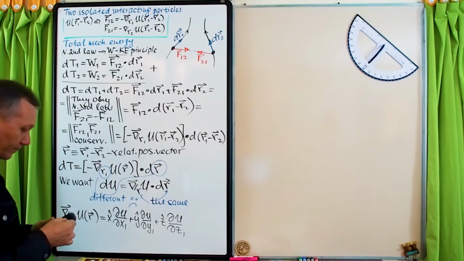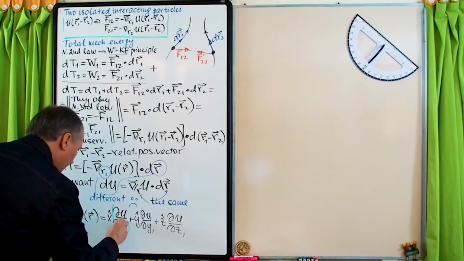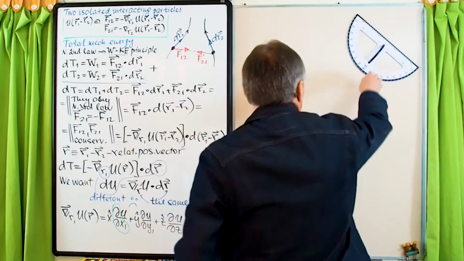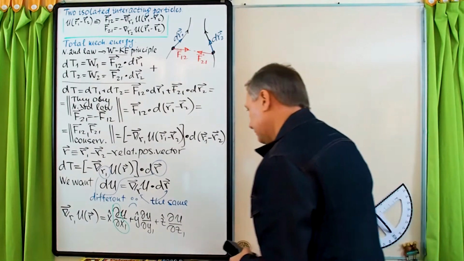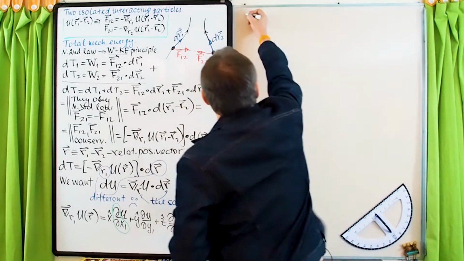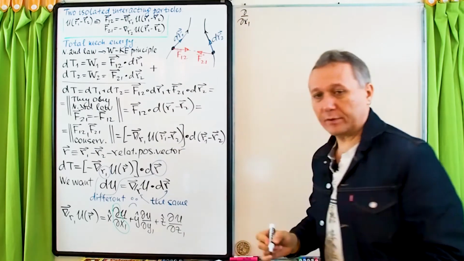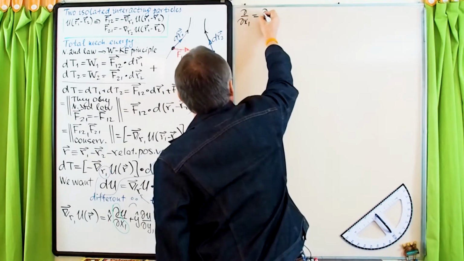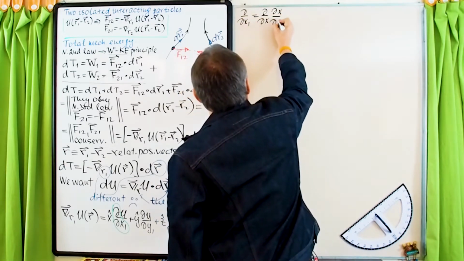Okay, so now let me look just at d over dx1, the partial derivative with respect to x1. Of course, I can make this transformation: I can write d over dx, dx over dx1.